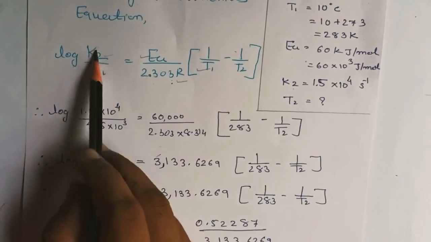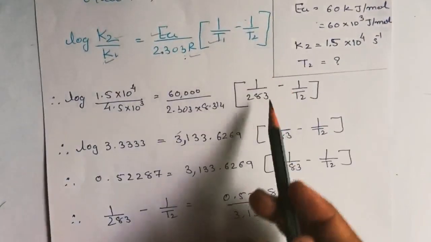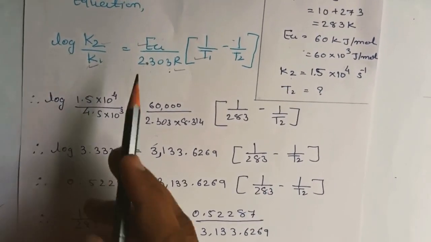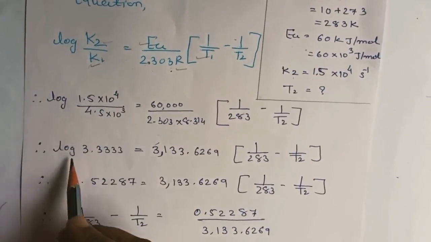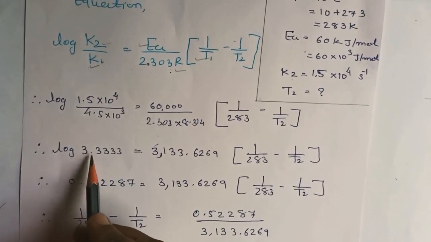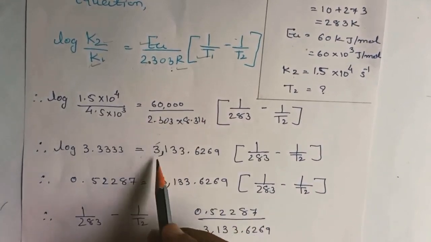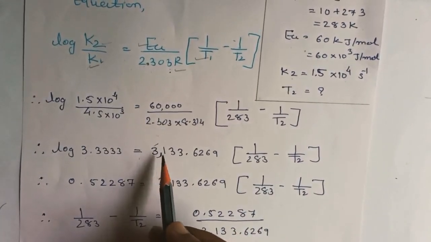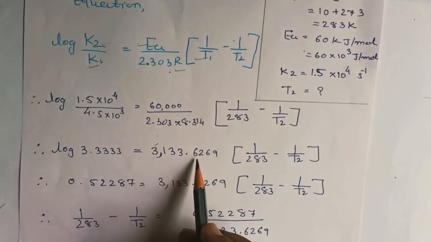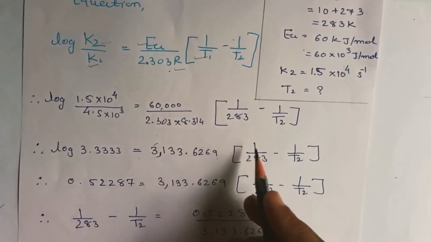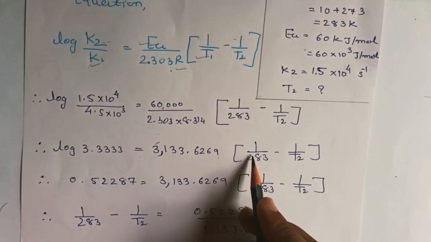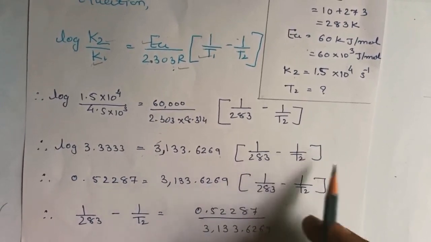So first of all replace all the terms which are given in the question. Now if you divide that you will get log of 3.3333 equal to, if you simplify that, 3133.6269, right, into 1 by 283 minus 1 by T2.